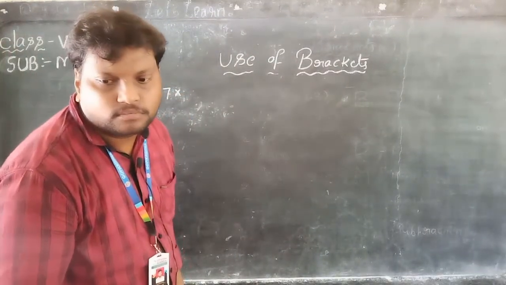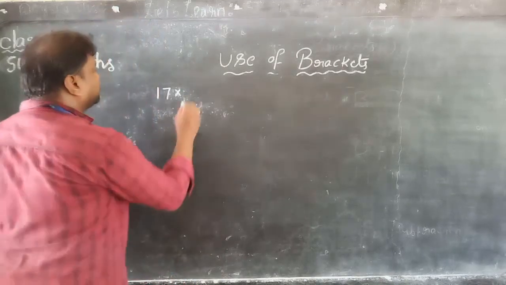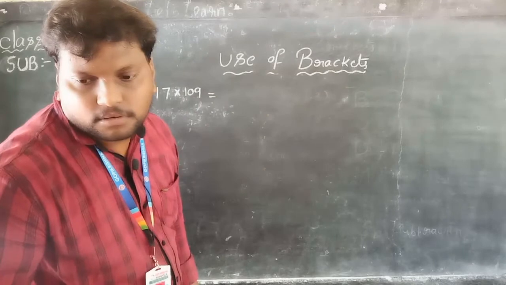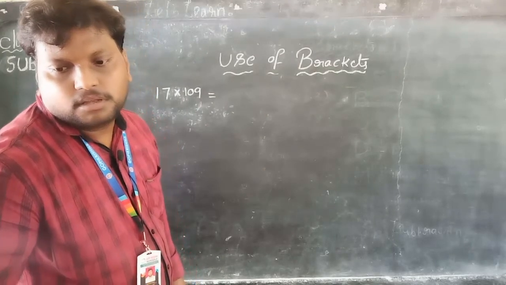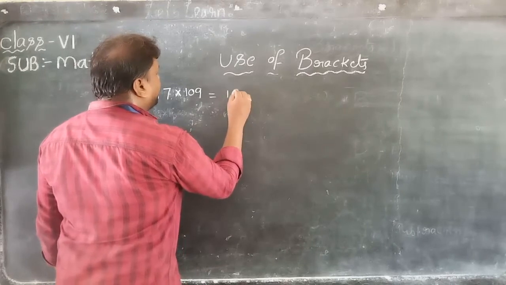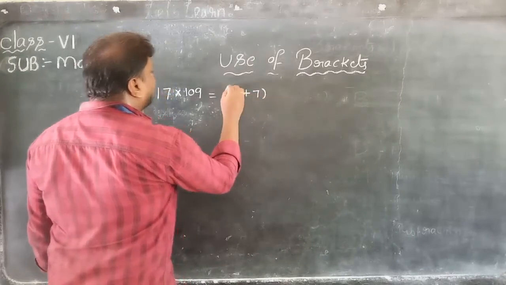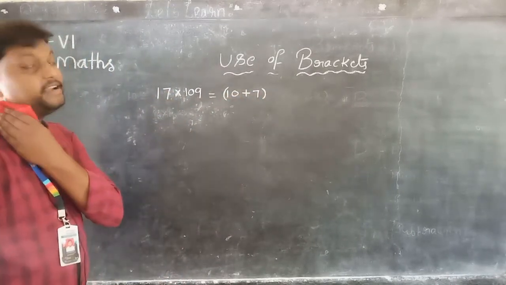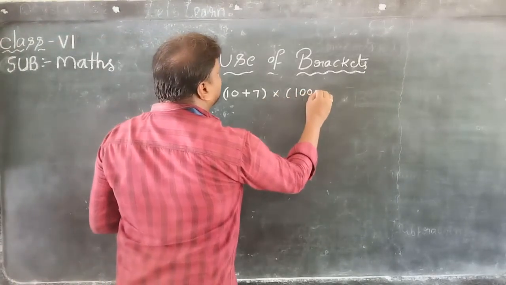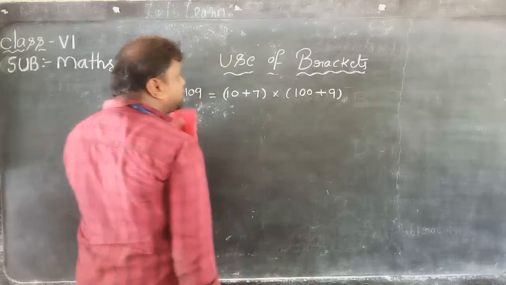17 into 109. 17 into 109. This one also, 10 plus 7, we can write 17 as 10 plus 7, into 109, which means 100 plus 9.